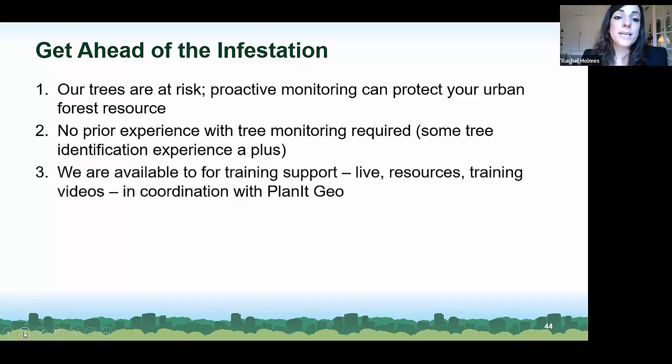Also, we are available for training and support. That is in the form of live support. We've gotten pretty savvy with how to conduct some of this training in a remote way, since none of us can actually be in person. We also have a variety of print and text resources.